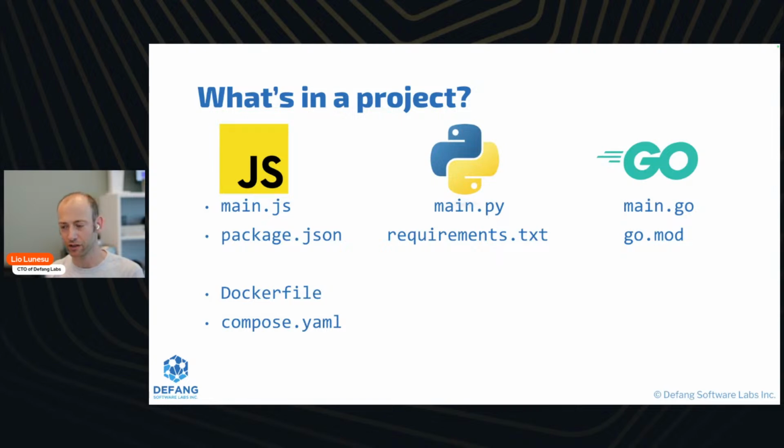For a Python project, that's a main.py and a requirements.txt. And for a Golang project, a main.go and a go.mod. So it's very similar, right? All of them have a main file, and then a file with dependencies, like I will need these libraries, and different languages have different ways of doing that.